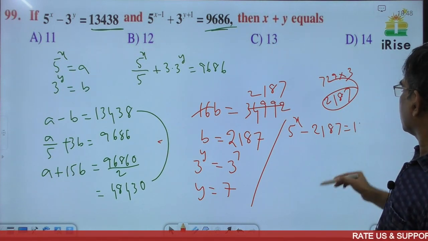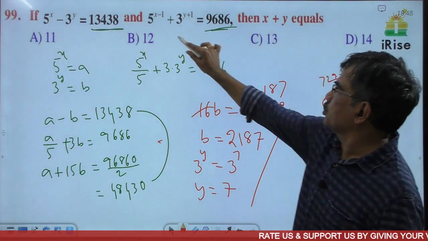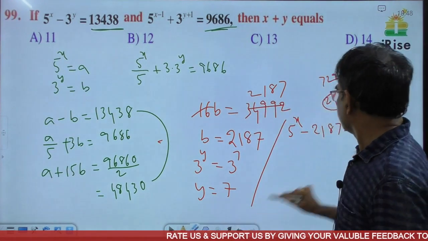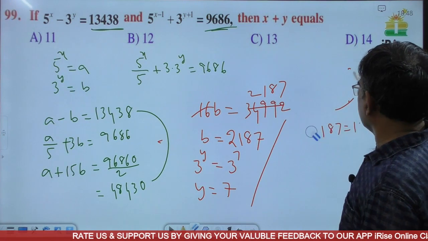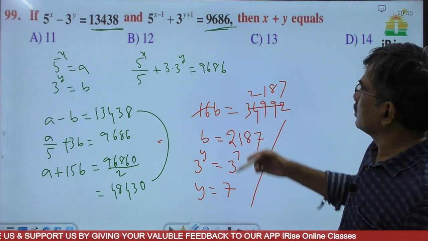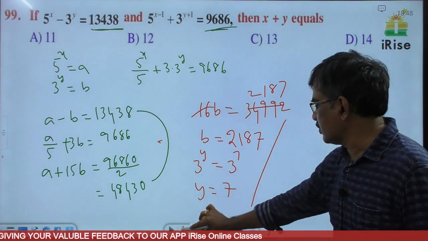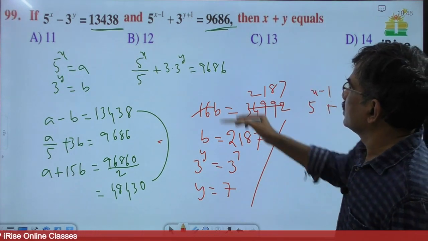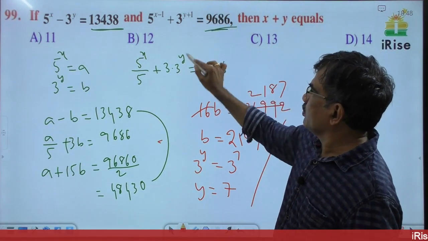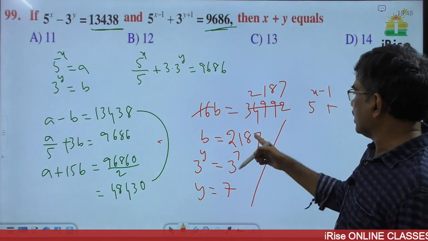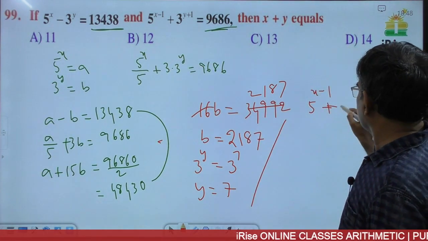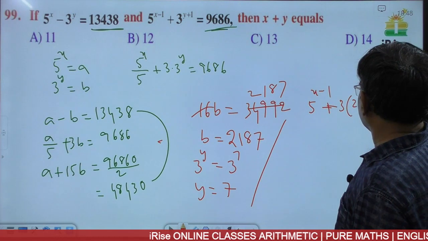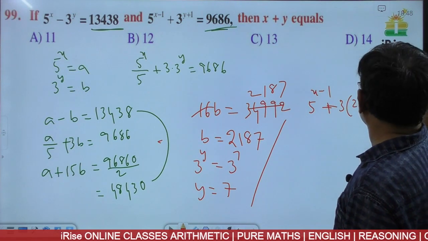It's a big number, I think. I want to substitute in the second one. 5 power x minus 1 plus 3 power y, into 3. So this is multiplied by 3. What do we get here? 3 into 2187 is equal to 6561.